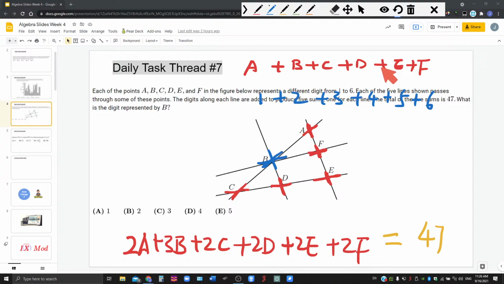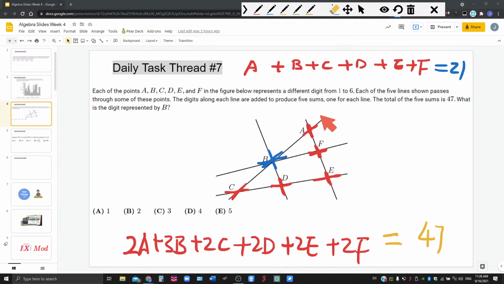Because one of them is 1, one of them is 2, one of them is 3, one of them is 4, one of them is 5, one of them is 6. So 1 plus 2 is 3, 3 plus 3 is 6, 6 plus 4 is 10, 10 plus 5 is 15, 15 plus 6 is 21. So although we don't know which is 1, which is 2, we know the sum of them is 21.